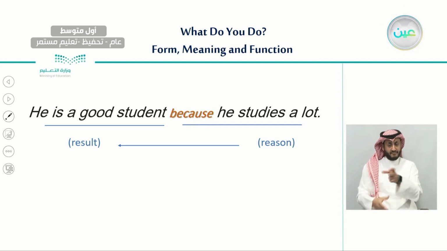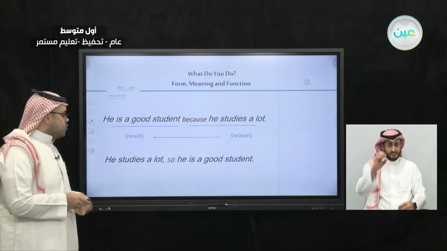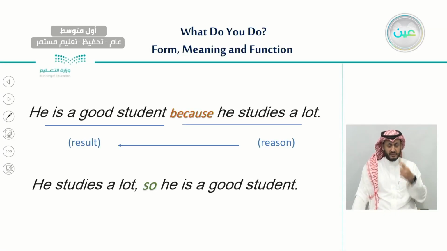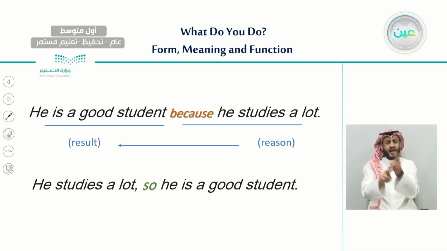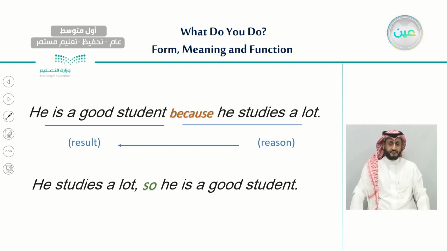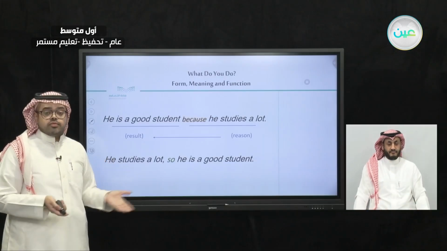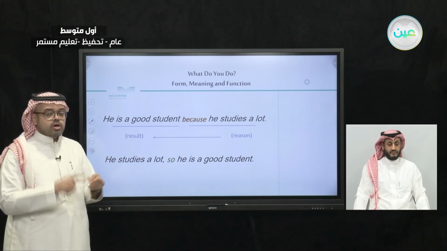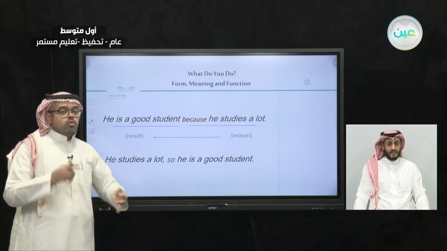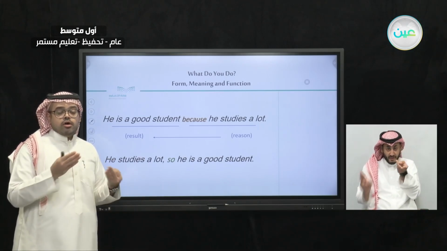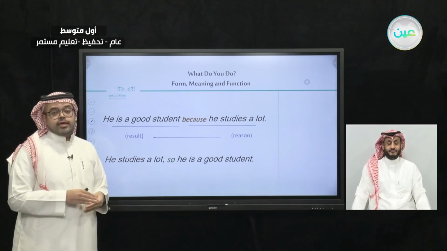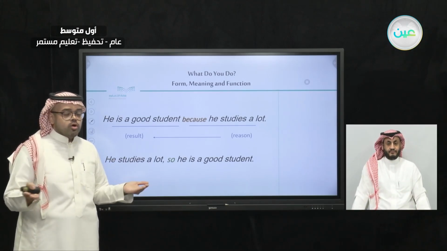Let's see now how we can use so. You see this sentence, he studies a lot, so he is a good student. He studies a lot, this is the reason. But what is the result of this reason? He works hard, he studies a lot, he wakes up early every morning, he goes to school, he does his homework all the time.